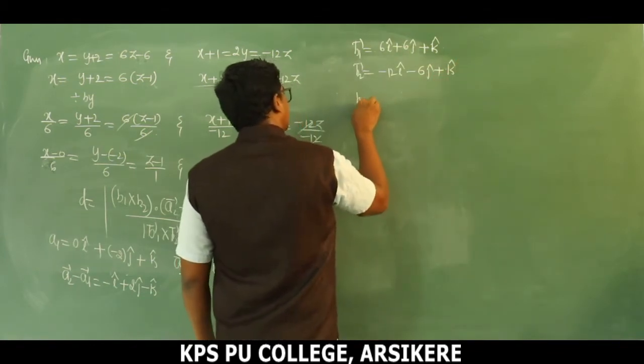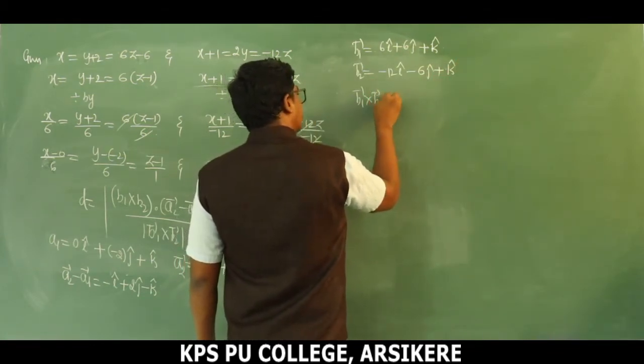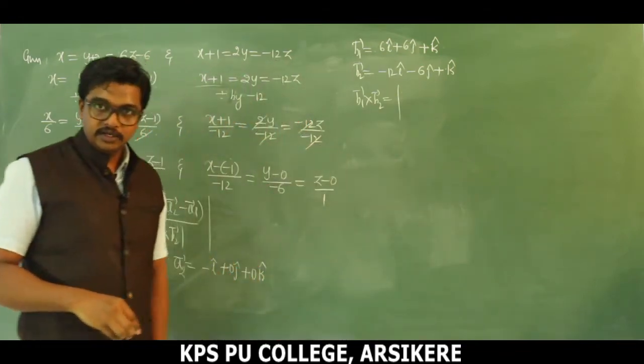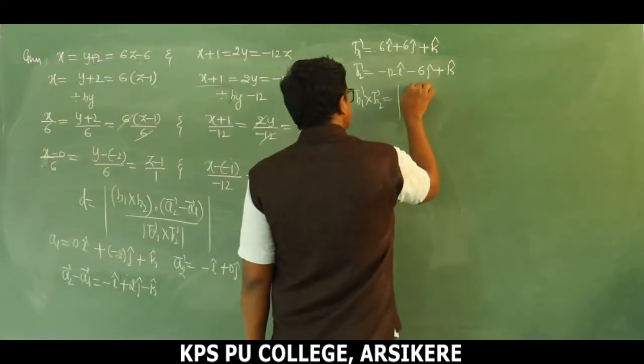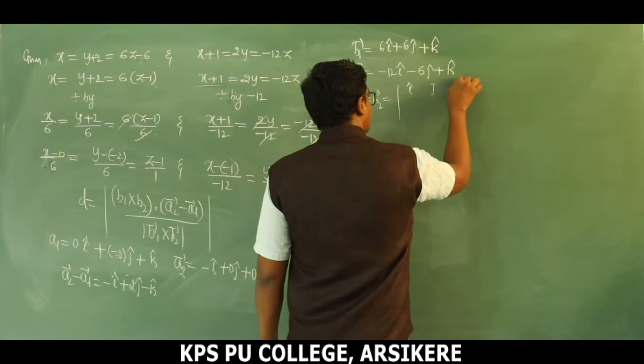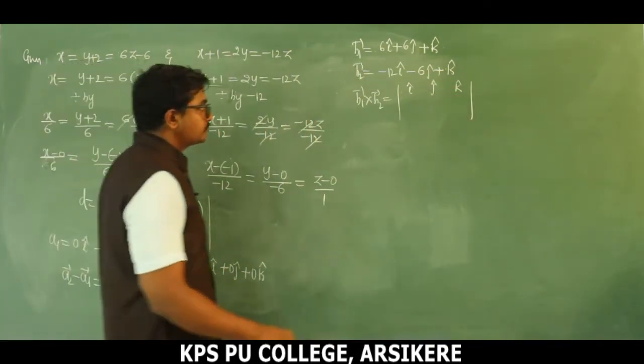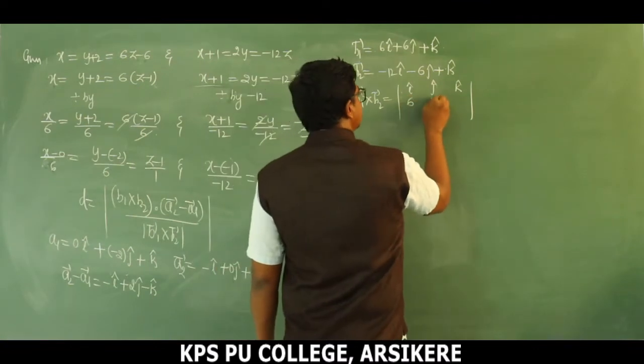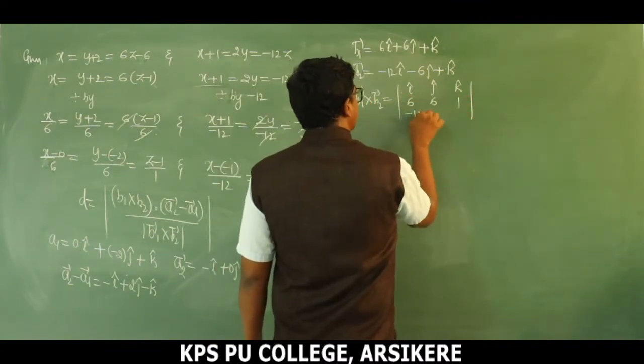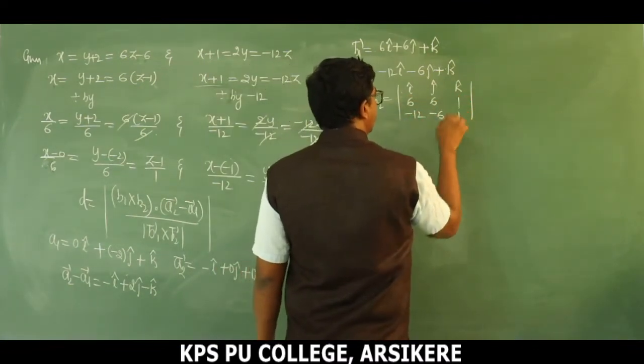Find b1 cross b2. This is the determinant of order 3 cross 3, first row i, j and k, then 6, 6, 1, and this is minus 12, minus 6, 1.